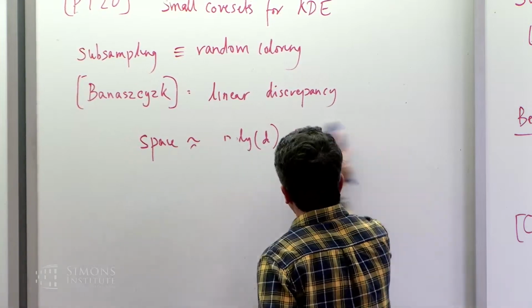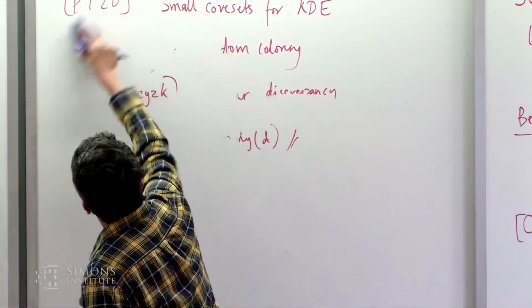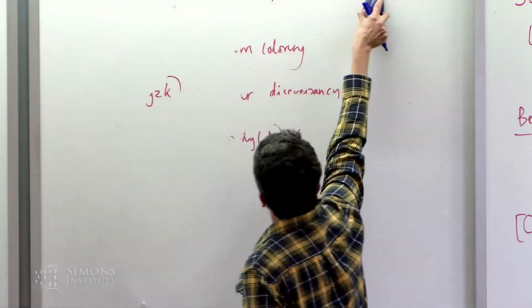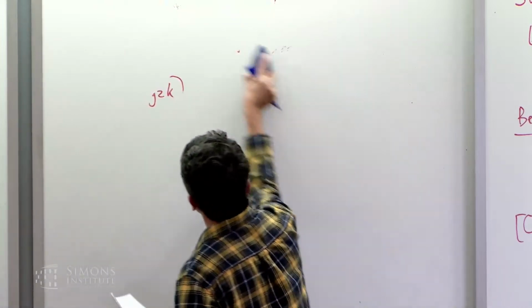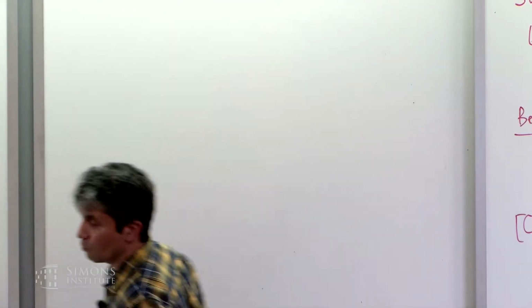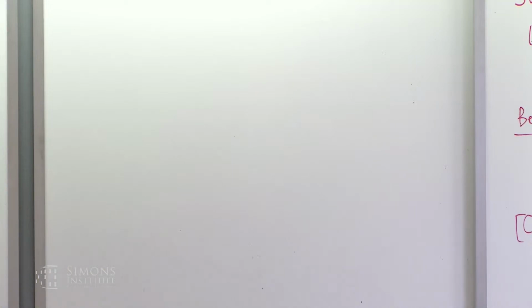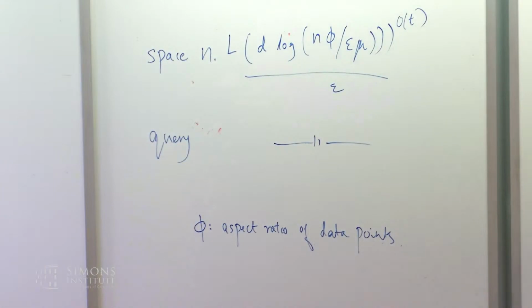So what I want to do is tell you why this quantity, discrepancy, is a useful quantity to think about if you wanted to do this kernel density estimate.